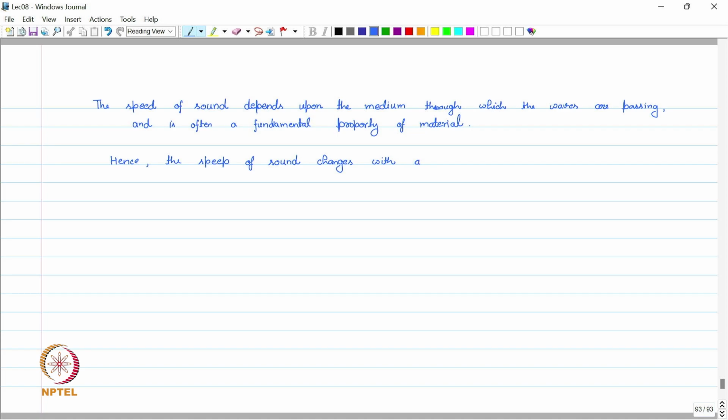It changes with ambient conditions. There are so many ambient conditions; one of them is temperature. So the speed of sound changes with ambient conditions.